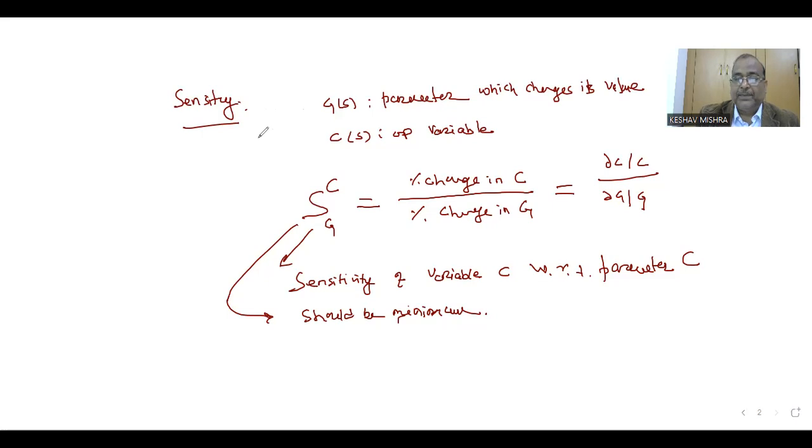So we can assess the performance by this useful term sensitivity, which is mathematically represented by this. In the next class, we will find the sensitivity of the overall transfer function with respect to the feedback part transfer function and the forward part transfer function.